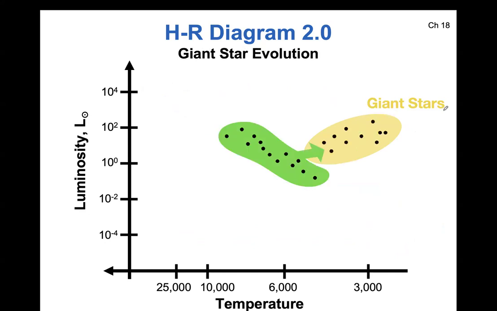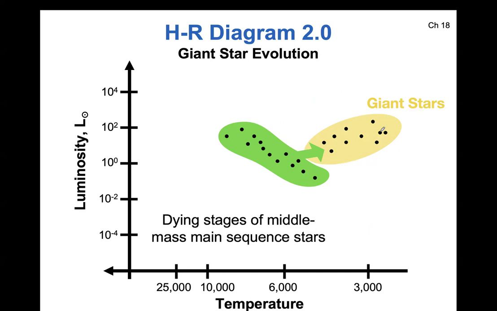In terms of giant star evolution, stars leave the main sequence to become giant stars. As I said, this is a process where they are running out of fuel and they are ending their lives.